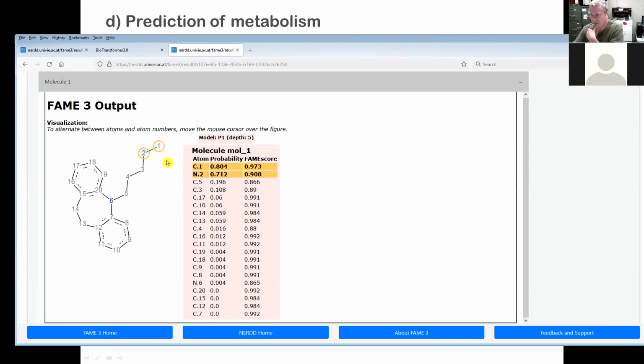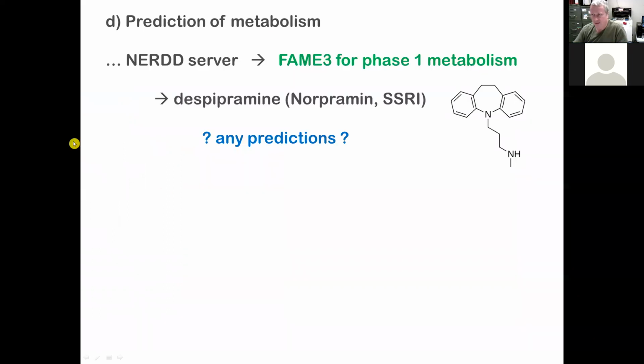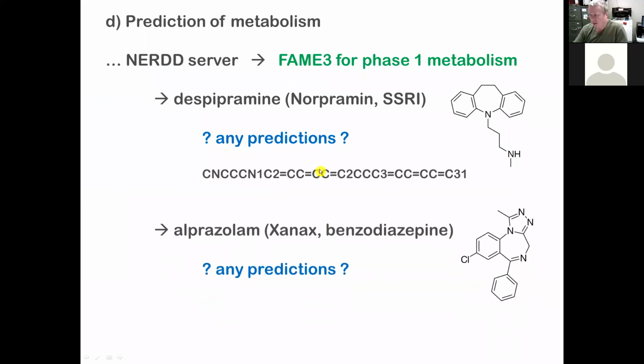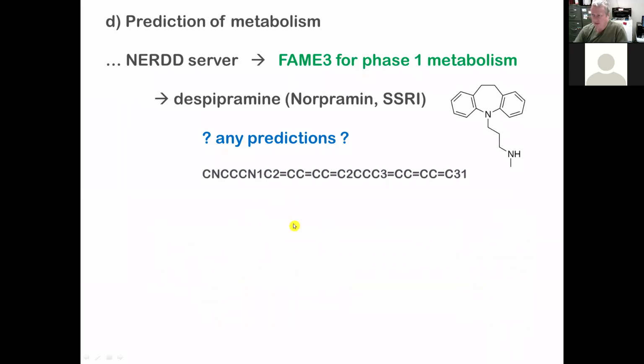So we'll see how that works. Other things that might react are maybe N6, but that's pretty low probability. I think it's just so shielded by the rest of the molecule. So anyway, this is a nice little tool for probability of metabolism, given a structure. Okay, so that's that. Let's see what else. Oh yeah, that was a SMILES, so I was hiding it from you, but it's on the PowerPoint.